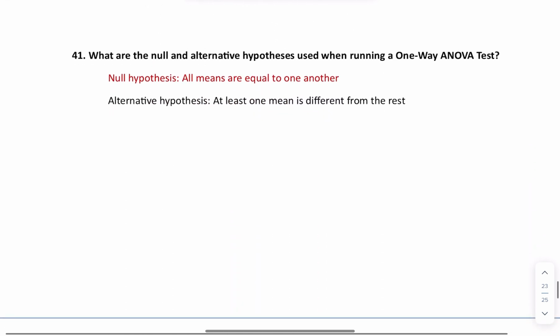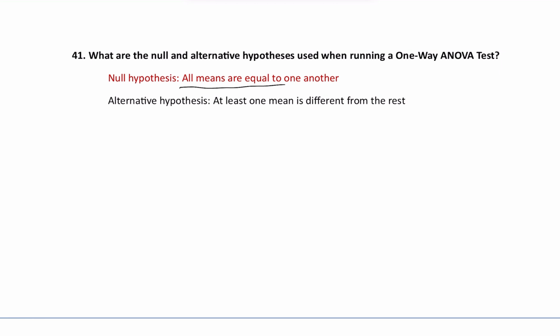Okay, what are the null and alternative hypotheses when running a one-way ANOVA test? So recall that when you're doing an ANOVA test, you're working with multiple means, more than 2 here. So you're working with like 3+. And here, the null hypothesis is always going to be that the means are equal to each other.